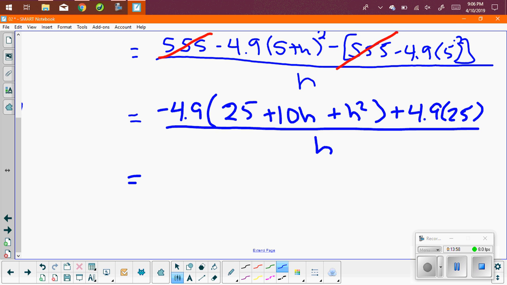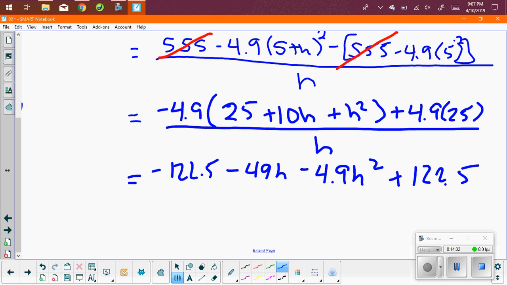All right, so 4.9 times 25. So I have negative 122.5 minus 49h minus 4.9 h squared plus 122.5, all over h.